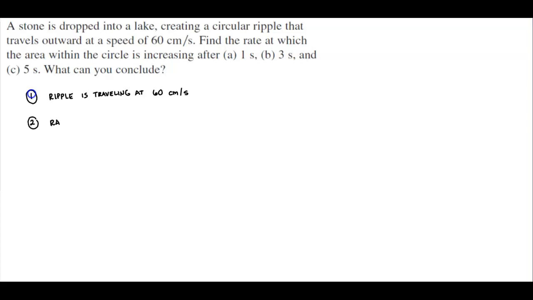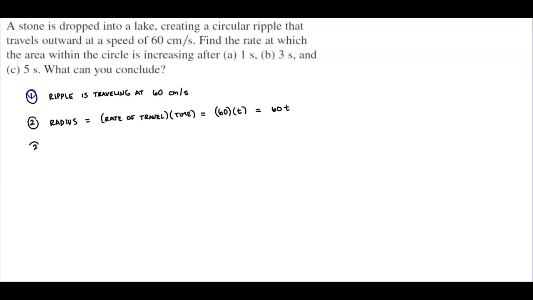Well, the radius is equal to the rate of travel times time. So we have the rate of travel, which is 60 centimeters per second, and we multiply it by time, which we know is t. So therefore, the radius is going to be 60t.